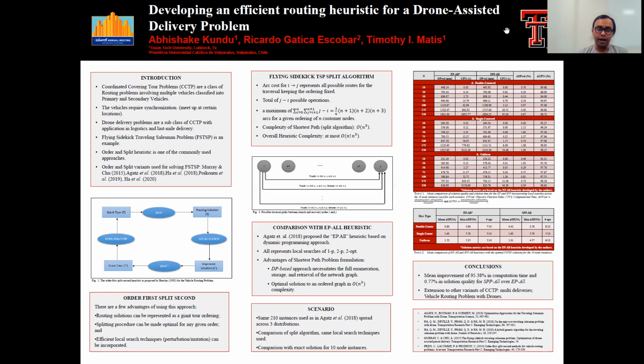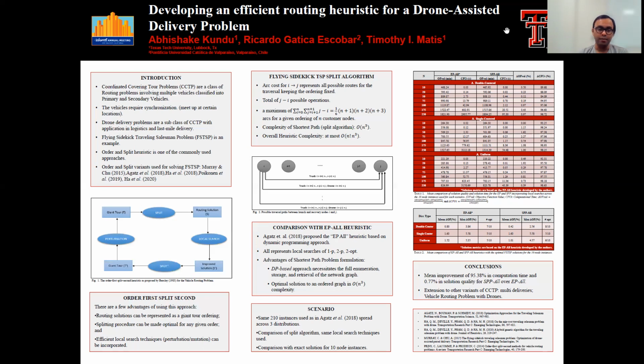In order to compare our split algorithm with theirs, we run both the codes on the same 210 instances that were spread across 3 types of distributions and with customer nodes ranging from n equals 10 to n equals 200 nodes.